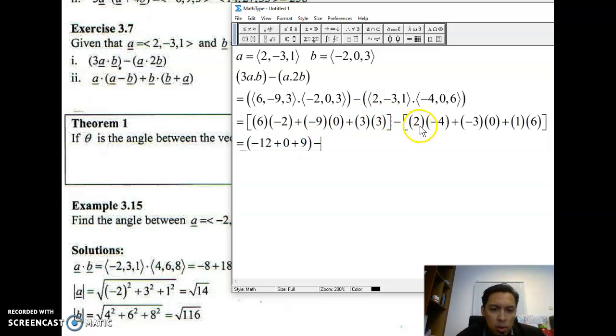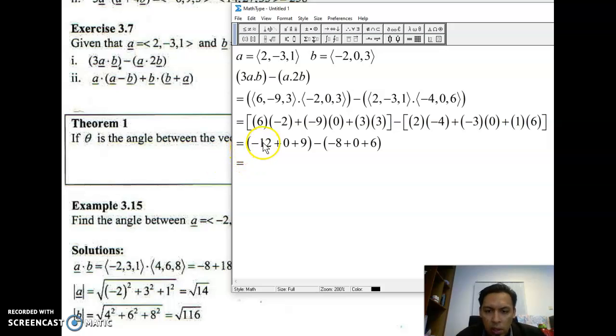minus, for the other side, -8 plus 0 plus 6, right.